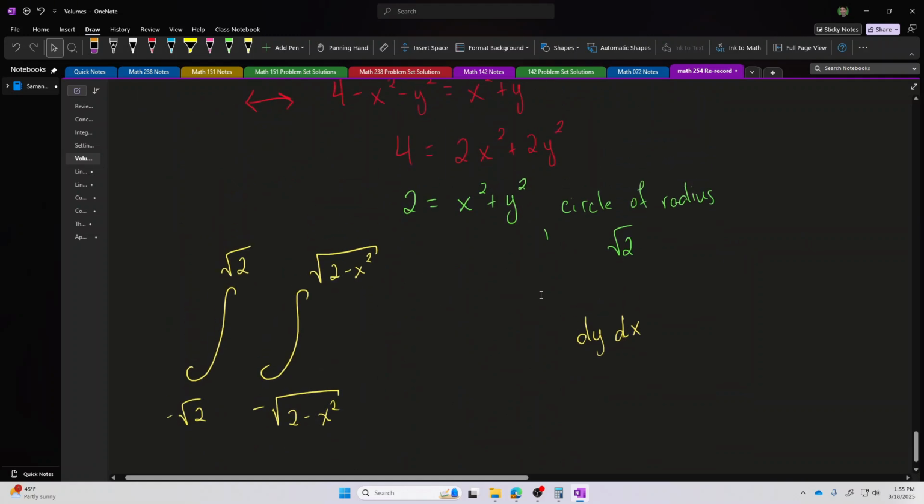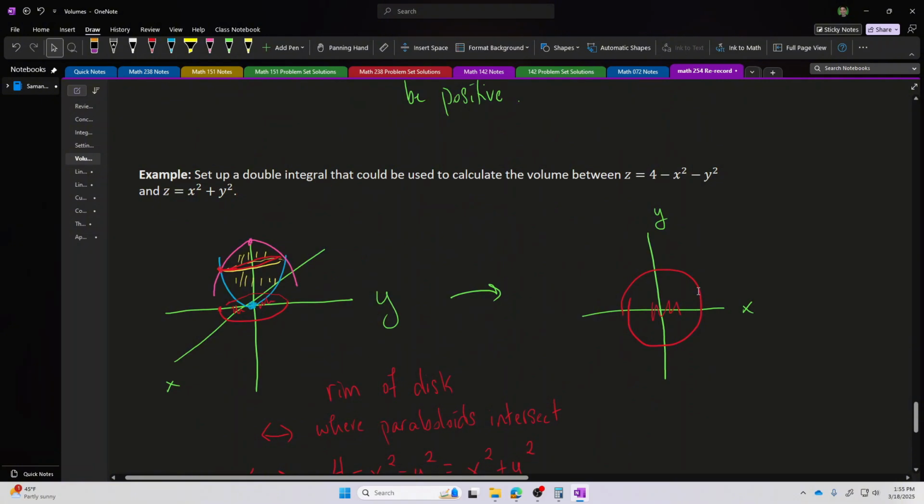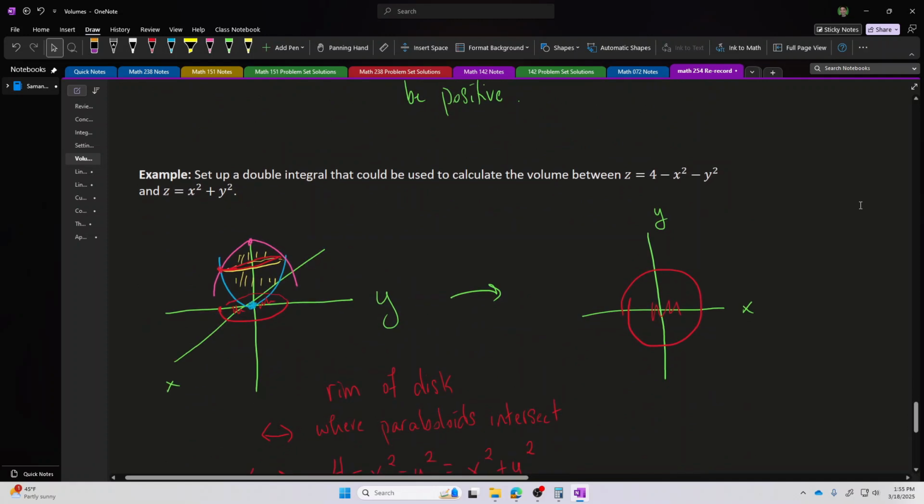The only thing left to determine to finish setting up this problem is the integrand, the function in the center that we are integrating. And we remember that this can be found by subtracting the top surface and the bottom surface, both expressed as functions of x and y.